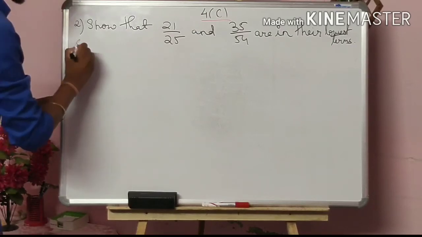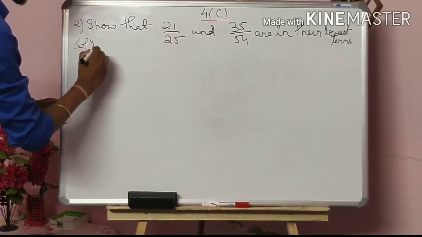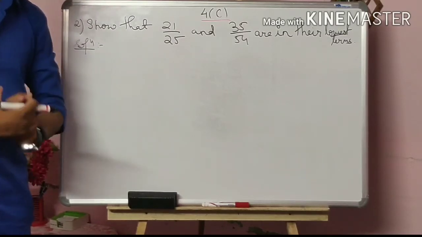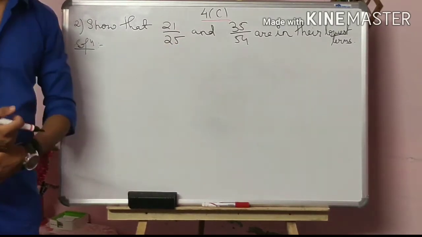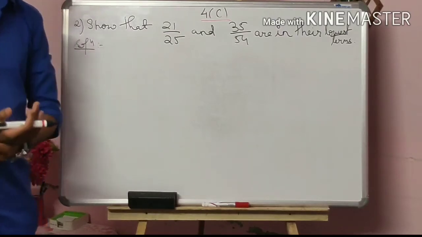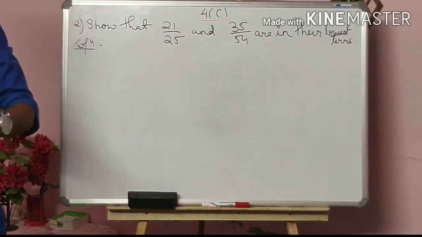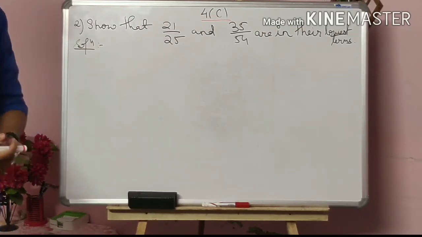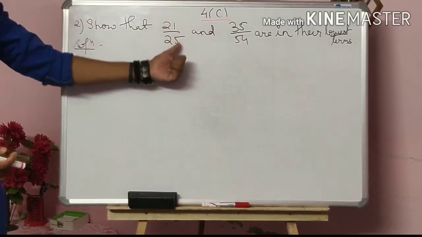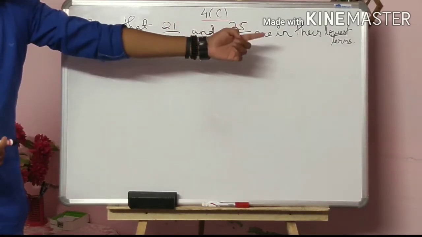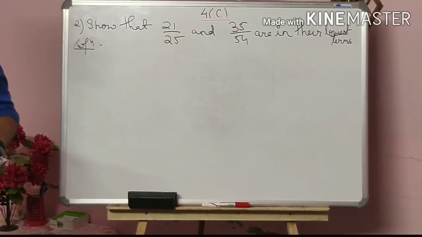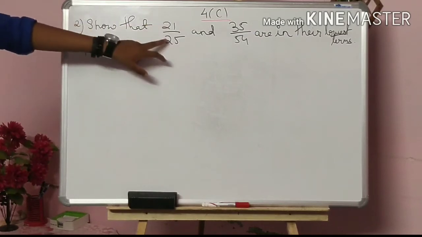No other number should be there which will divide 21 and 25, or which will divide 35 and 54. That means we have to prove here that no numbers are present which can divide 21 and 25 except 1. Got it? So how will you do that? We are going to write it first as solution. We want the common factors of 21 and 25, so just find the HCF, the highest common factor. If we get the highest common factor as 1, that means the fraction given in the question is in lowest form, because as the HCF is 1, it proves that only 1 divides 21 and 25.